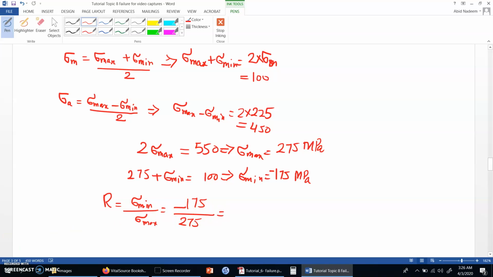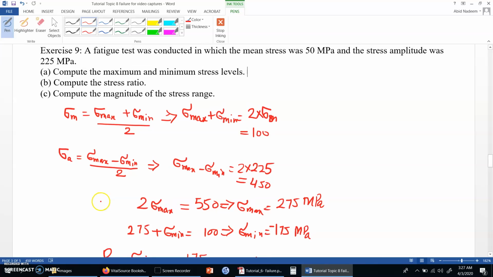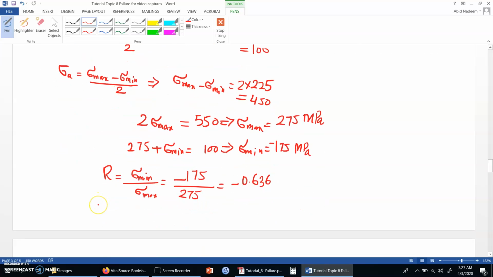So this will be equal to minus 0.636, and then compute the magnitude of the stress range.